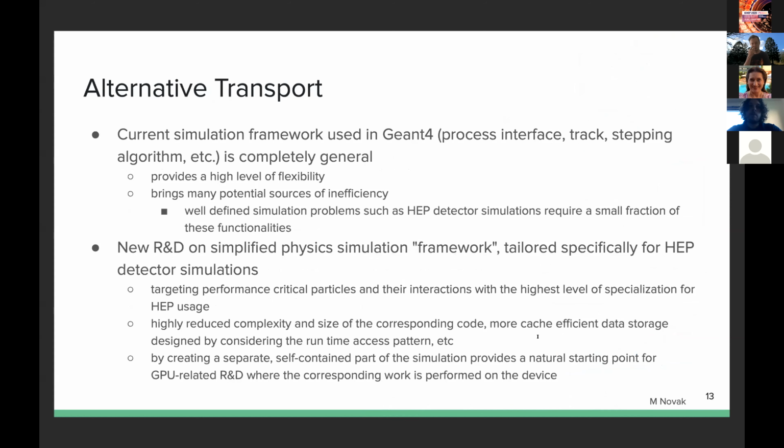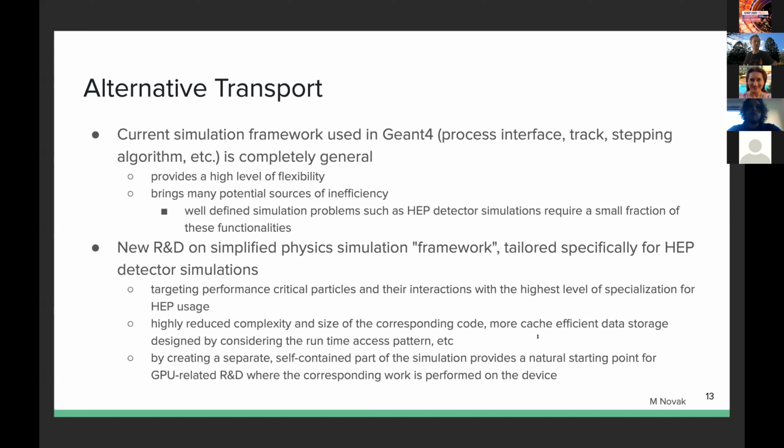And another one is to do alternative transport. So this is really an attempt to focus on a particular area where for HEP, we don't need the full generality of Geant4. And we build a kind of super physics process, which would reduce the number of function calls that would be needed enormously, and essentially have a simplified physics framework.